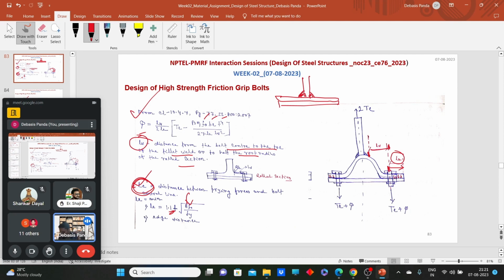Tell me, if we increase or decrease the end distance and edge distance, what will happen through this equation? Try to understand what phenomena will occur when we increase or decrease the end distance. Will my prying force increase or decrease? Say, for example, if we want to increase the end distance LE, what will happen? Yes, it's inversely proportional.